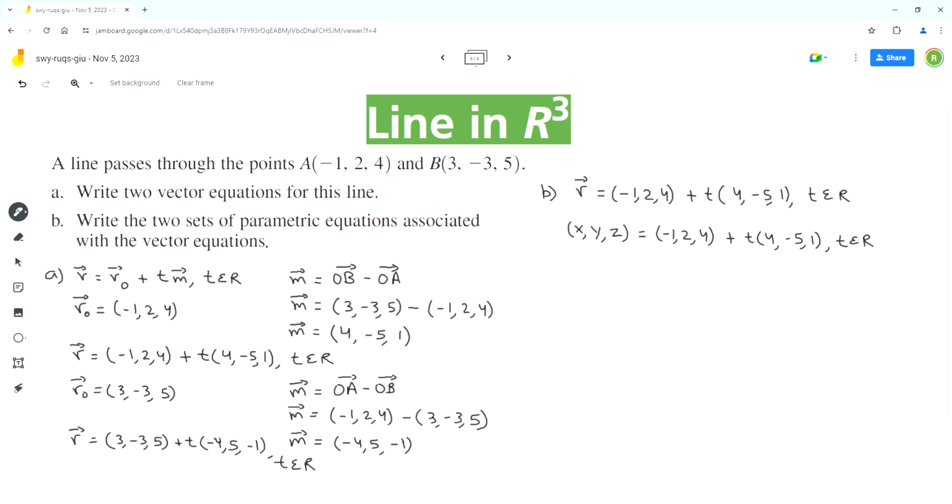So let's start with the x equation, and for that we'll use the x components of these three vectors. And we will multiply the components of direction vector by t. So the x equation is, now we can write the y equation using the y components of these vectors, and we'll multiply -5 by t.